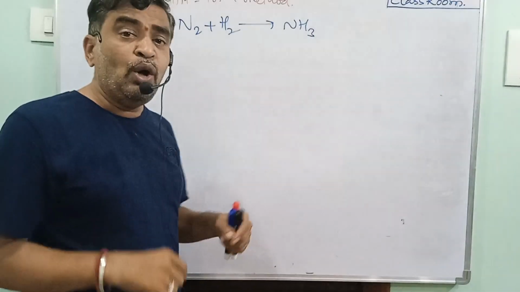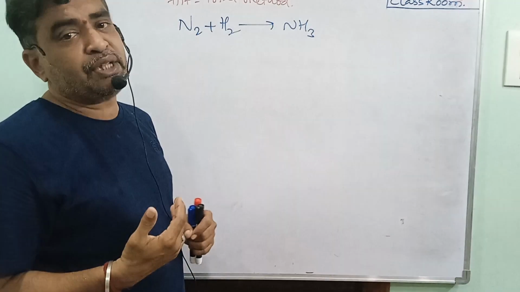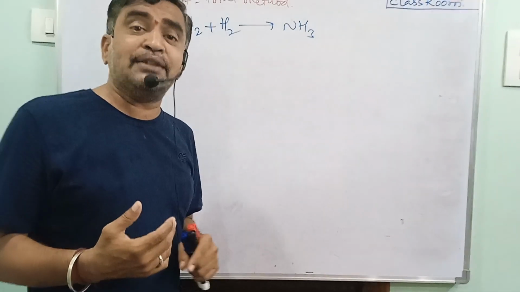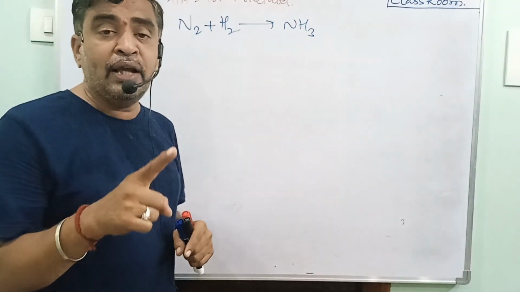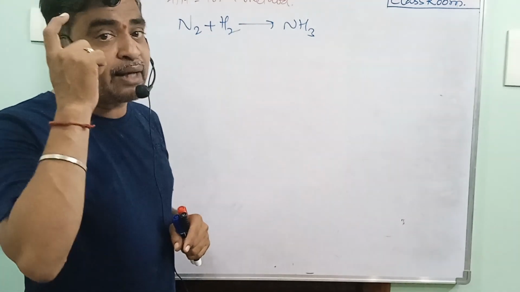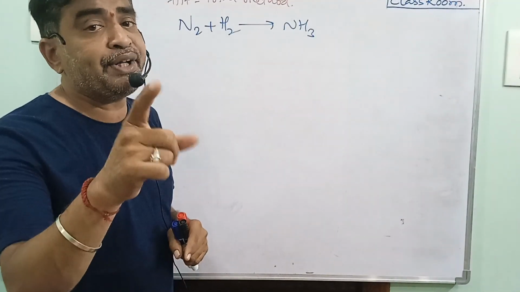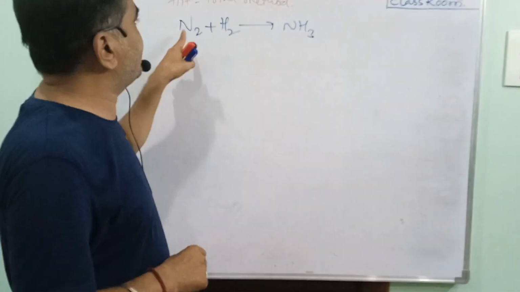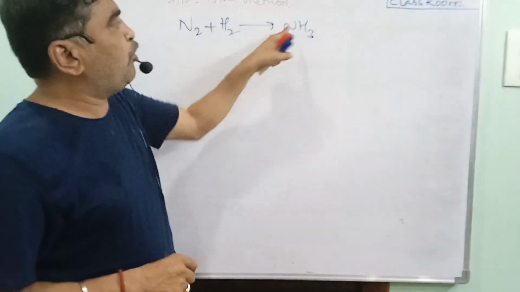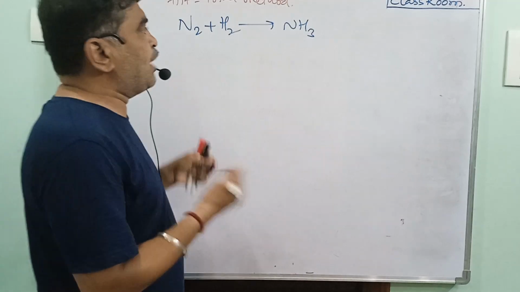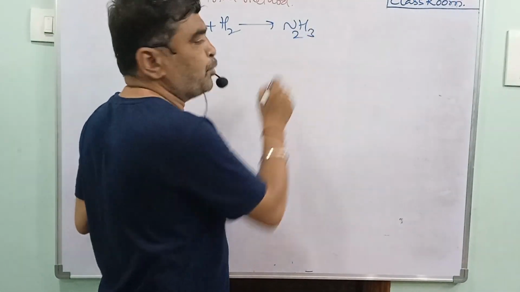So what do we have to do? We have to change the equation to follow the law of conservation of masses. Meanwhile, you have to conclude that the reaction follows the law of proportionality also. Here you have only one nitrogen in ammonia, and you are not allowed to change the N2. Why?